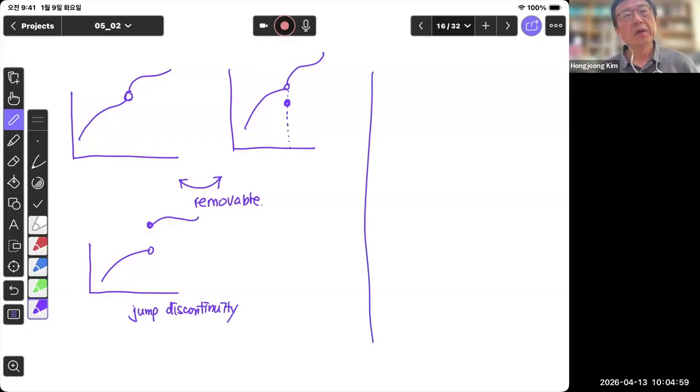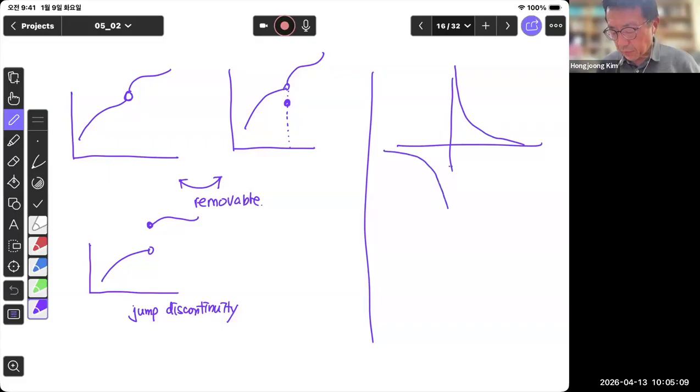But if your function has a graph like this, then that is called an infinite discontinuity. And in case of infinite discontinuity, we are not going to consider such a case in our calculus class. That is a little bit beyond the scope of the calculus.